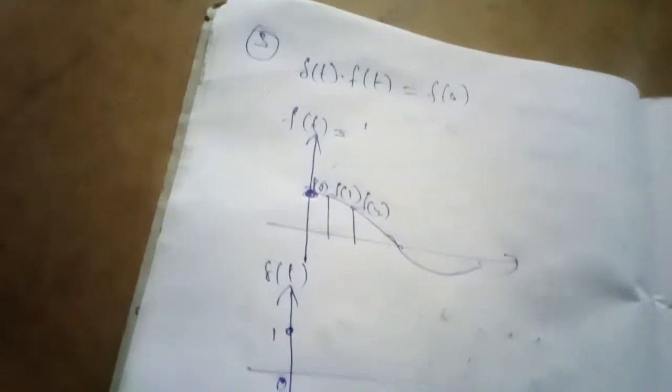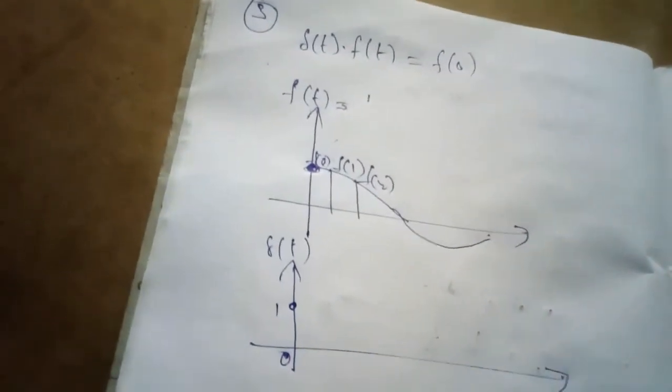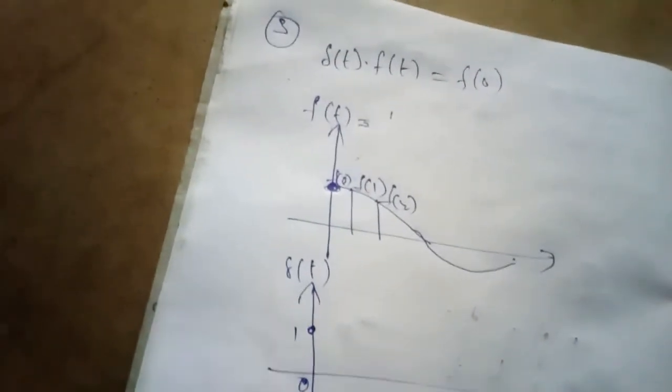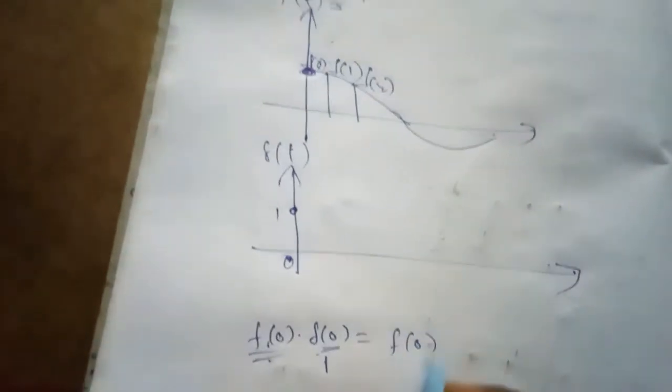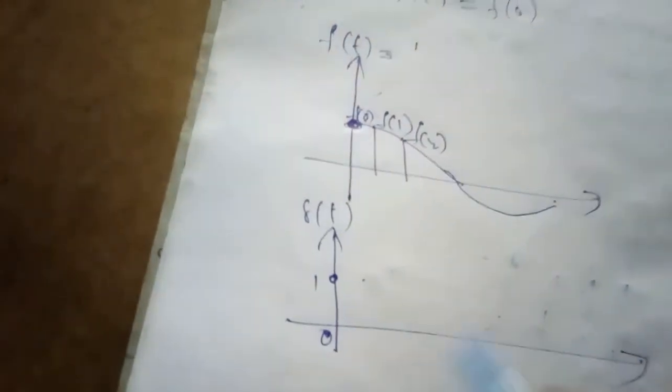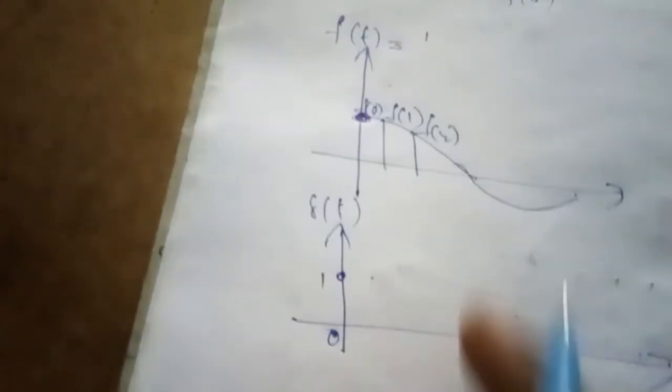But if you observe one thing, f of 0 into del of 0 is equal to f of 0, since del of 0 is equal to 1. At the remaining places, f of 1 into del of 1 is 0, because del of 1 is equal to 0, and del of 2 is equal to 0. Only at 0 we have a signal. That's why the graph will be like this.